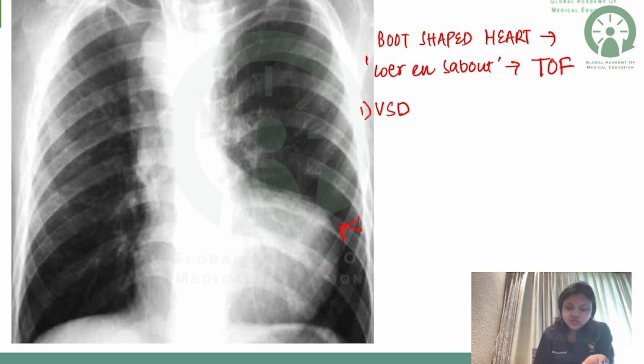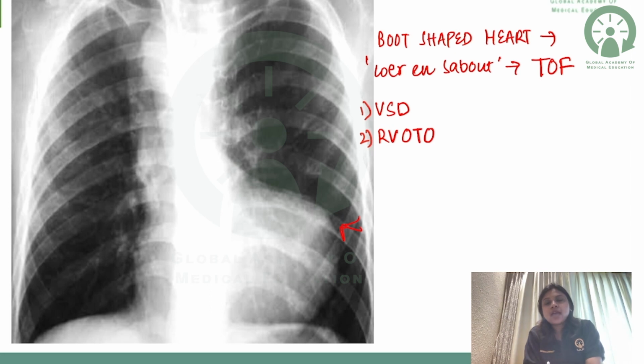Right? Number two is we are going to get right ventricular outflow tract obstruction. And this is the most important component of TOF. So, second one-liner. What is the most important component of TOF? The answer will be right ventricular outflow tract obstruction.